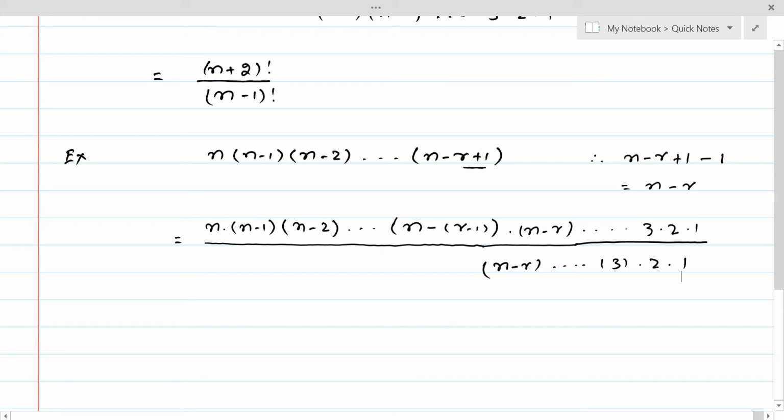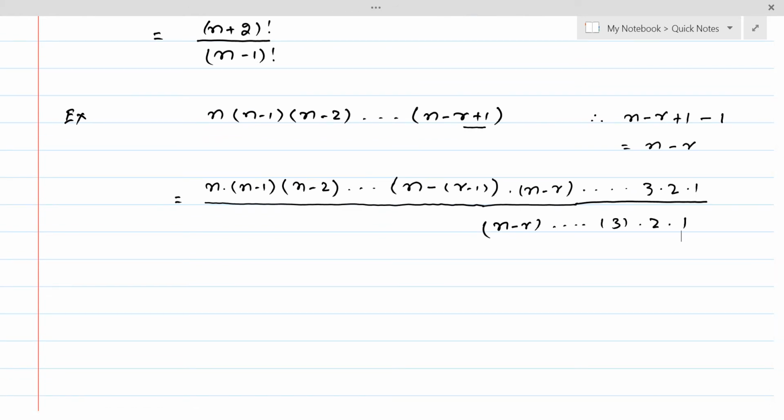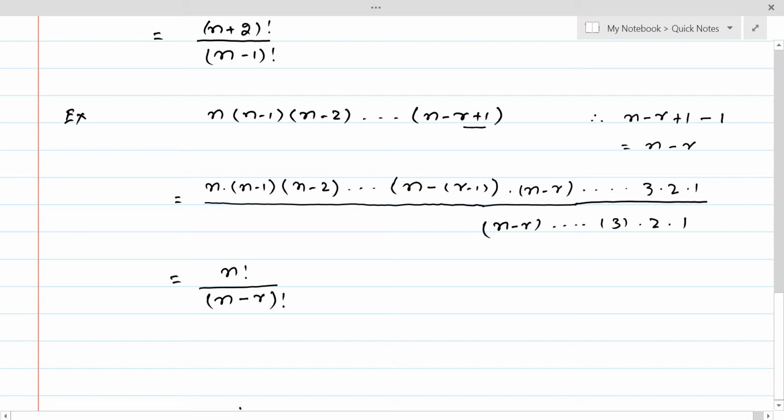In the numerator this gives us a product of natural numbers all the way up to n, therefore this will be called n factorial, and in the denominator this is a product of natural numbers up to n minus r, therefore this would be (n minus r) factorial. So this is how we can write it, and this example is going to be helpful in solving many questions later in the exercises.